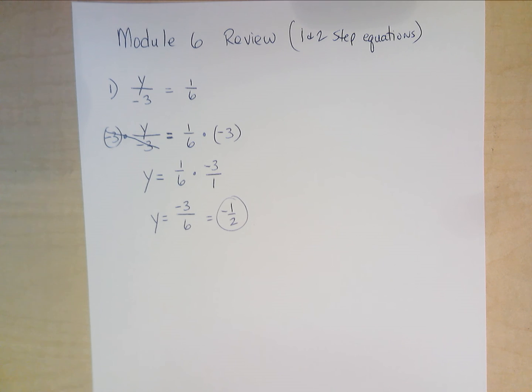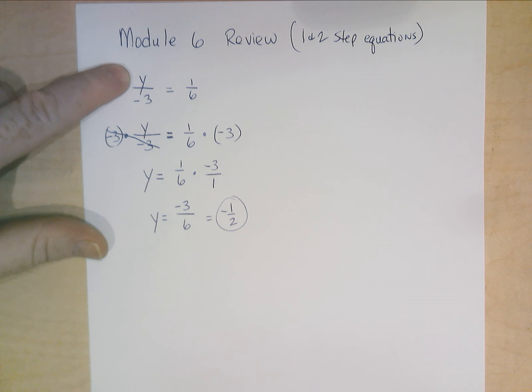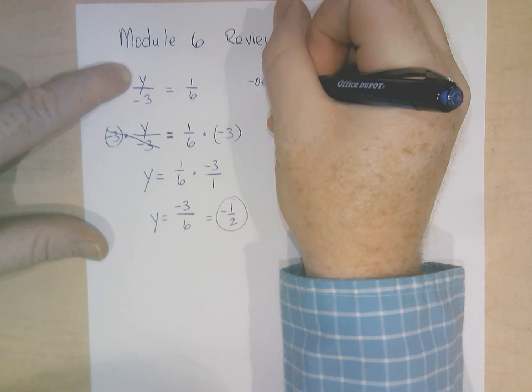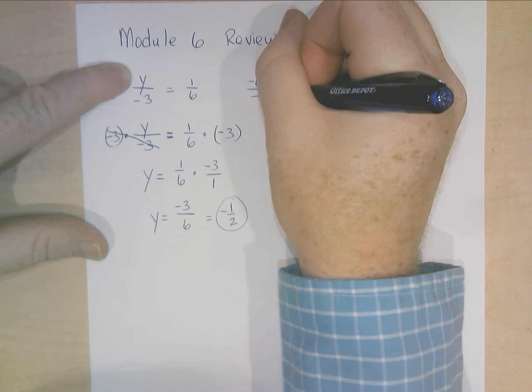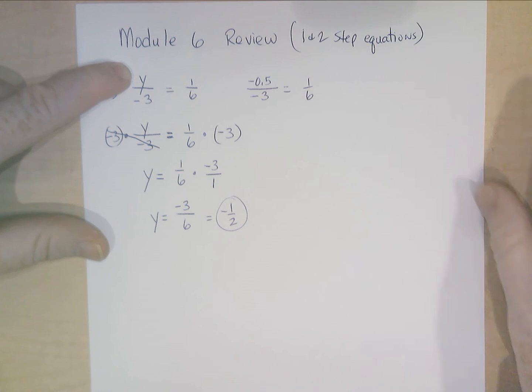If you do that in the calculator, you just plug that back in. It would be negative 1/2, or you could put negative 0.5. Plug that back in, divide by negative 3, and you should get 1/6.